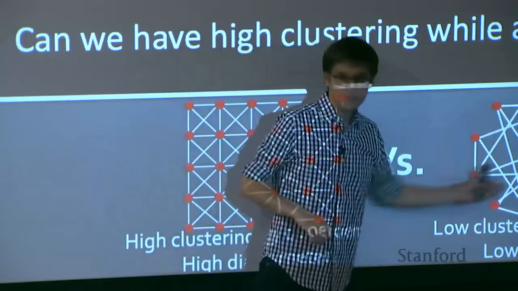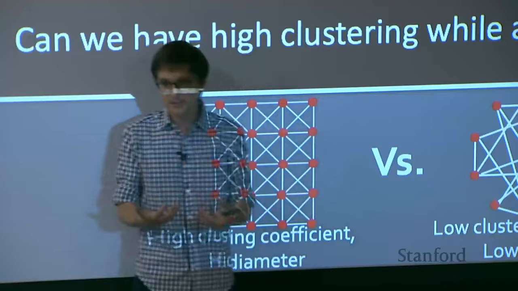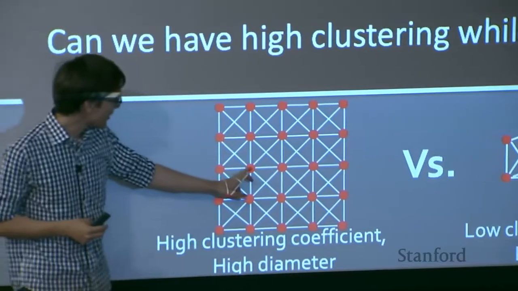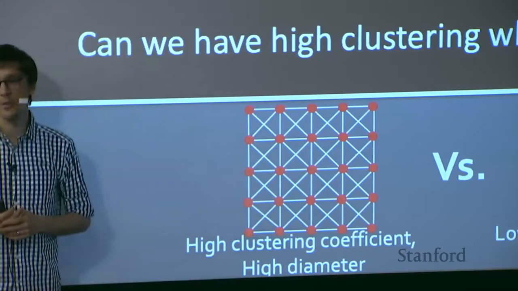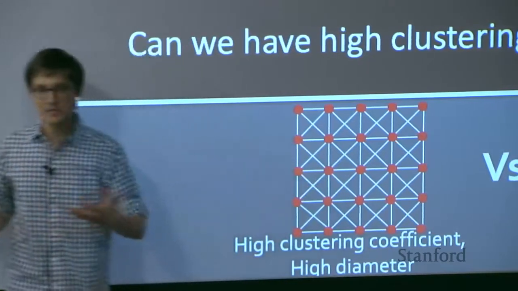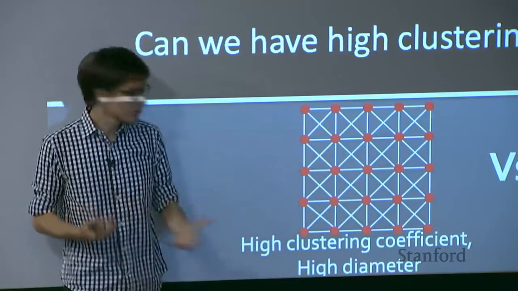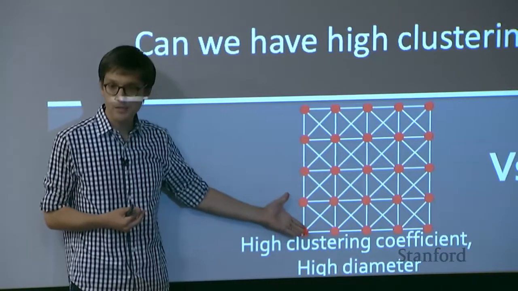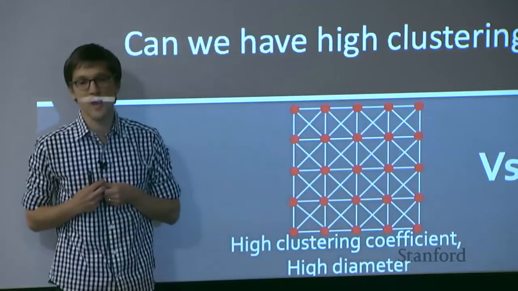So this friendship graph is not random, but has a lot of clustering, and a structure that would have a lot of clustering would look like this. Here, every node has some friends, and these friends know each other as well. So these grid structures have a very high clustering coefficient, and social networks have a high clustering coefficient. But what is problematic with this picture is that now the diameter is very large as well.